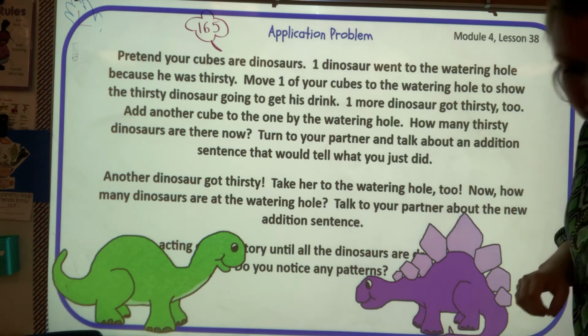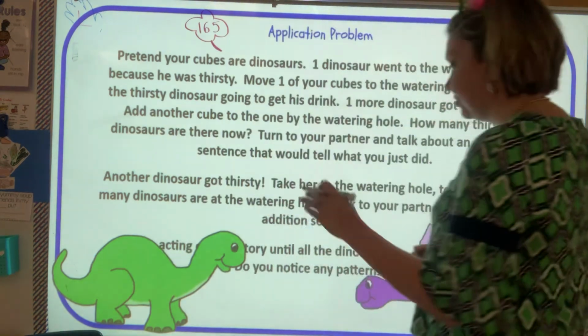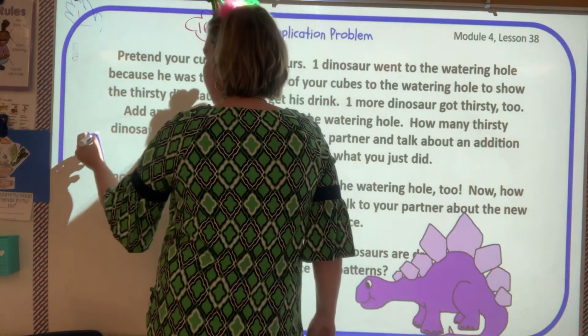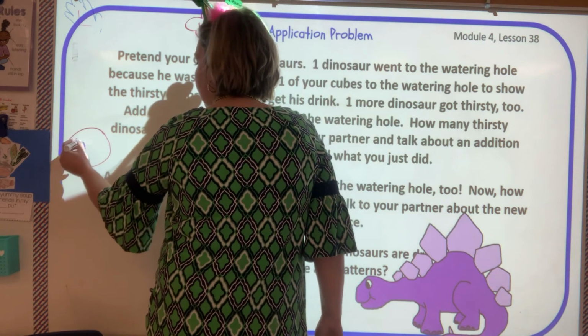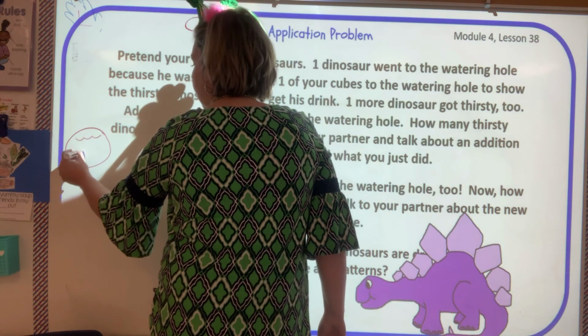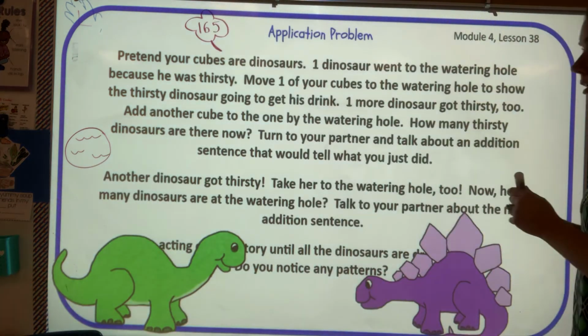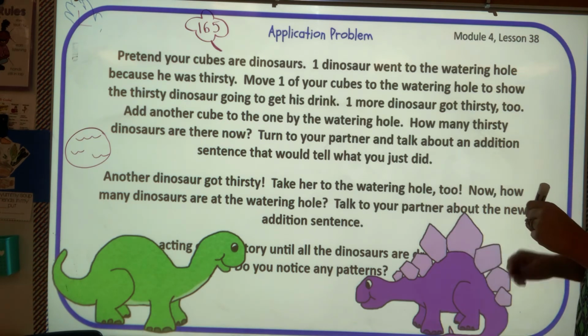Okay. I'm going to make my watering hole. It's hard because I've got all these pictures up here, but I'm going to make a watering hole right here. Pretend your cubes are dinosaurs.